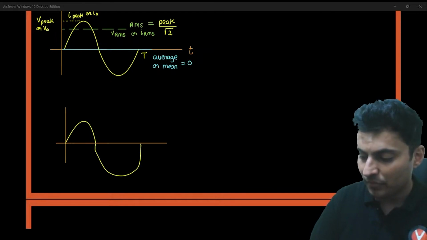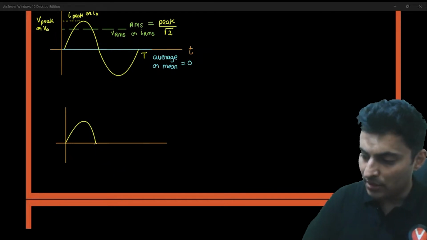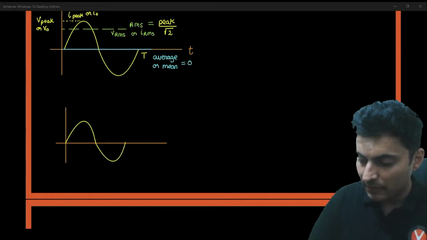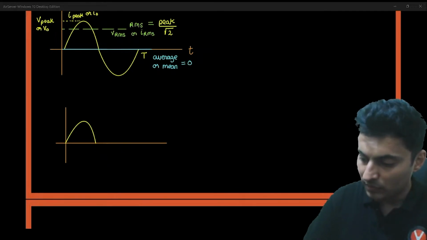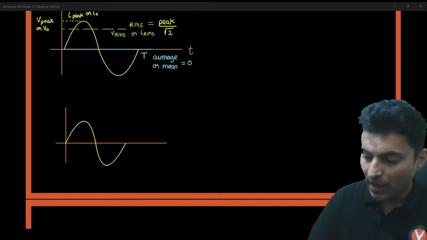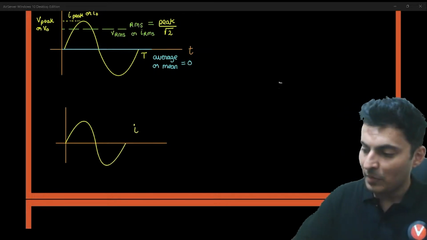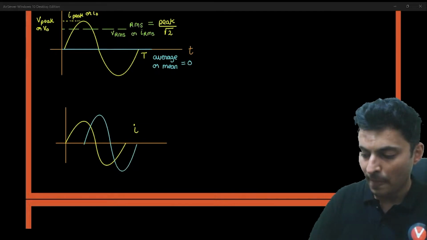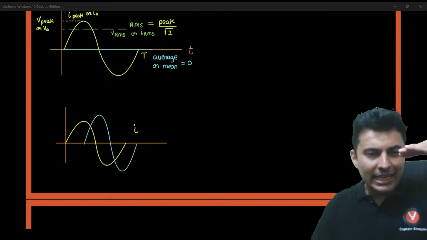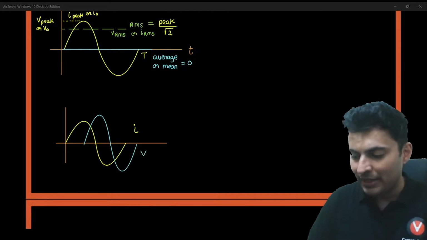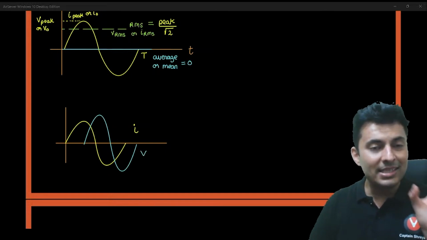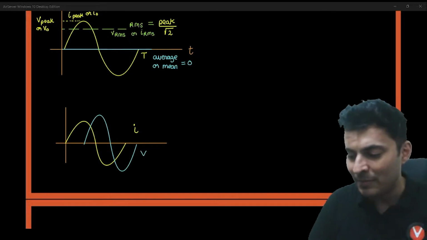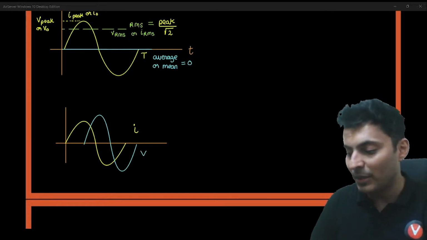Imagine this is the current graph, and here besides it I draw a voltage graph. Maybe it looks like this. You can see the maximum voltage line and maximum current line are different, and the RMS values are different. But what is the same is the time periods, though they don't start at the same time. So clearly there is a phase difference between the two.